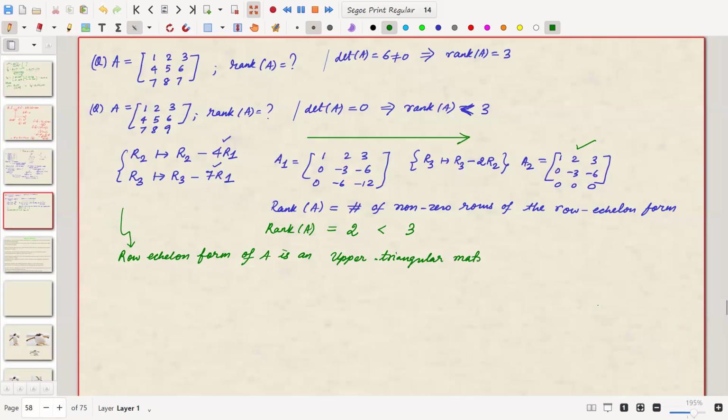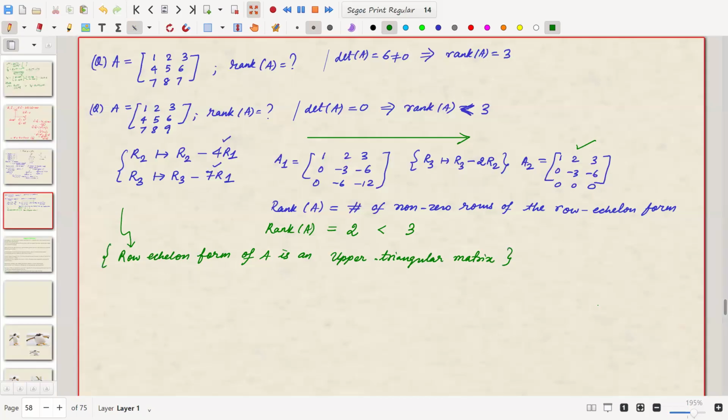Upper triangular matrix means the upper triangular elements will be non-zero. Just remember that. Don't think about lower triangular. Lower triangular will be 0 in that case. Lower triangular matrix means the elements just below the diagonal will be non-zero. After you do that, above the diagonal, what happens? All are zeros.